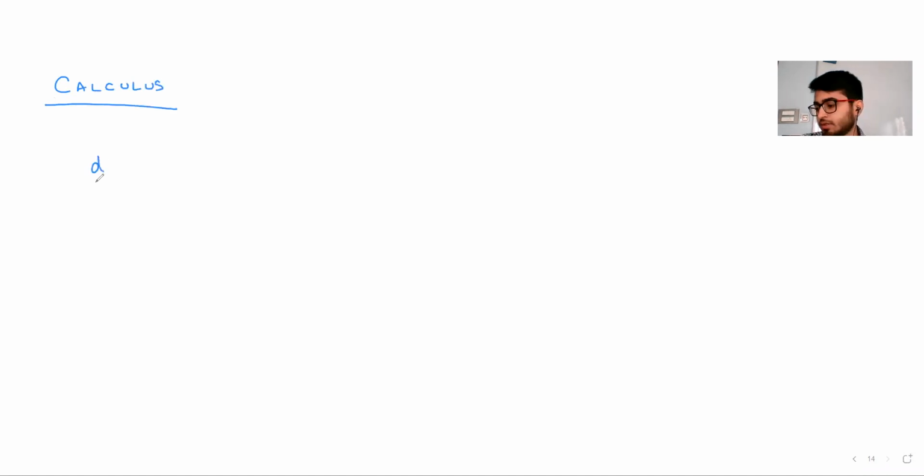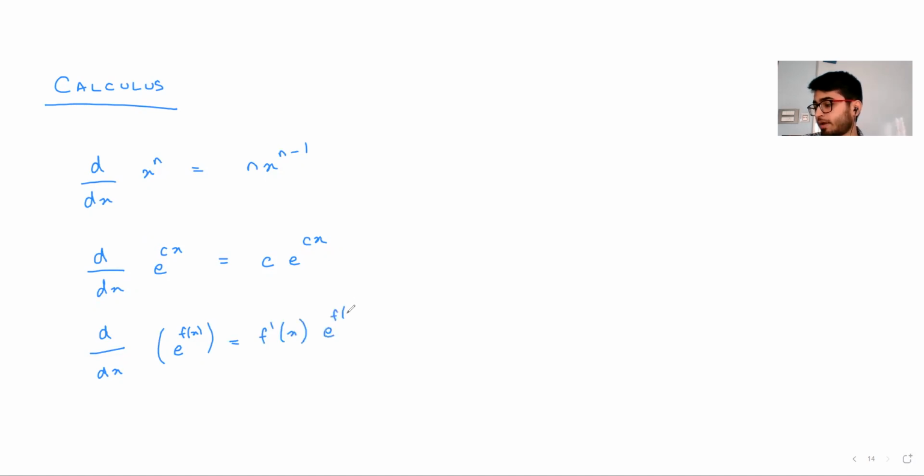So d by dx of x to the power n is nothing but n into x to the power n minus 1. d by dx of e to the power cx is nothing but c e to the power cx. d by dx of e to the power f(x) is nothing but f dash x into e to the power f(x), where f dash x is nothing but d of f(x) by dx.